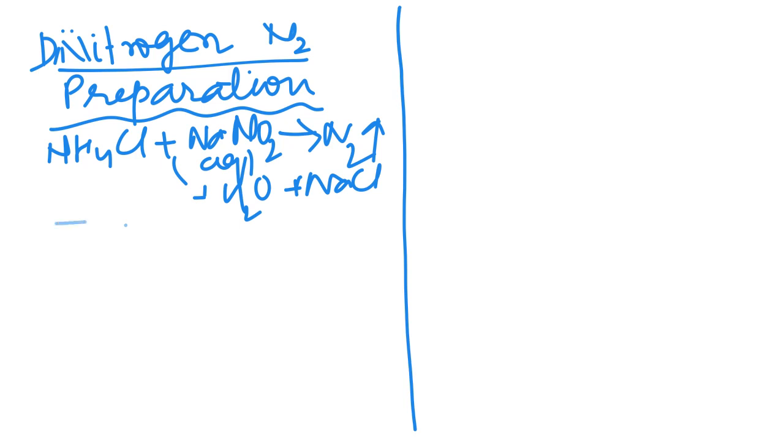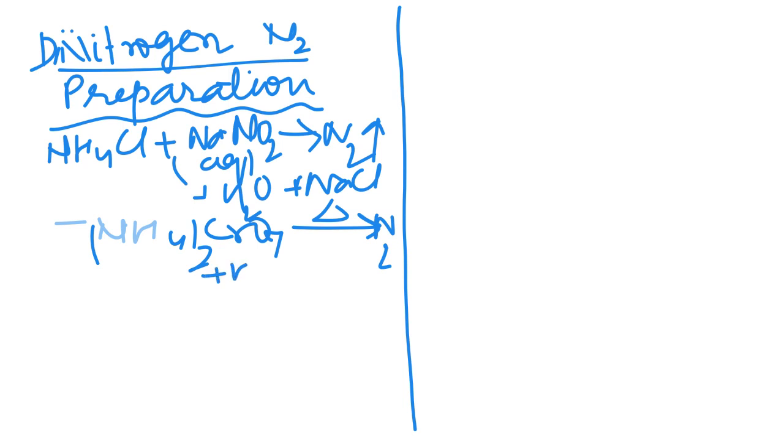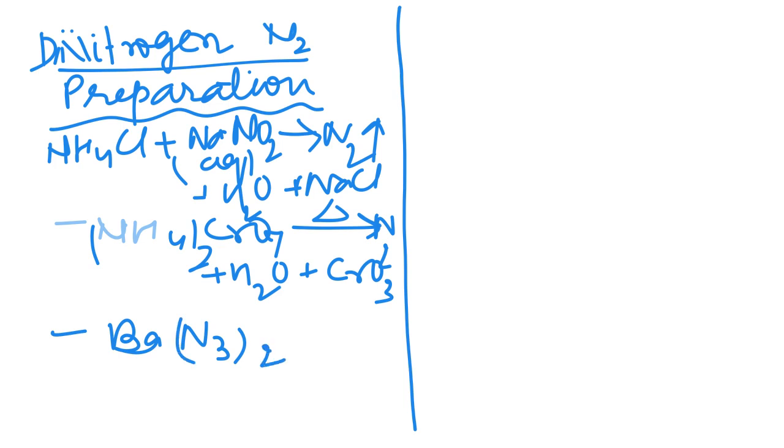Then next, you can prepare it from ammonium dichromate. Just heat it, thermal decomposition, you will get N2 plus H2O plus Cr2O3. Then next also thermal decomposition of barium azide.